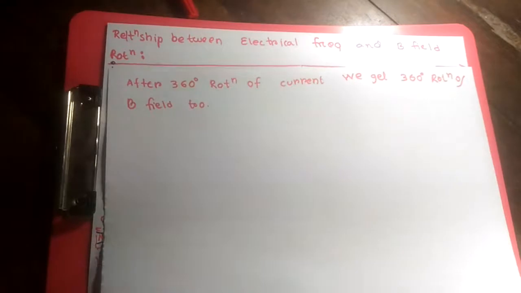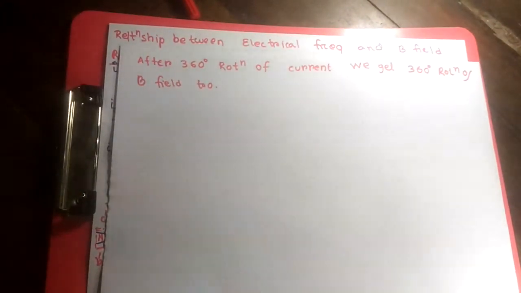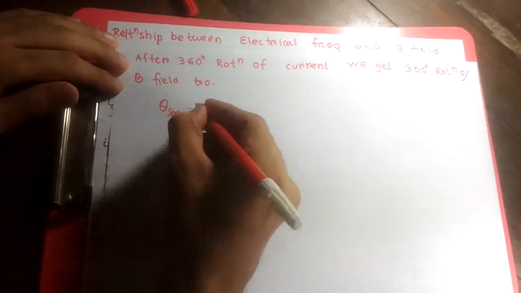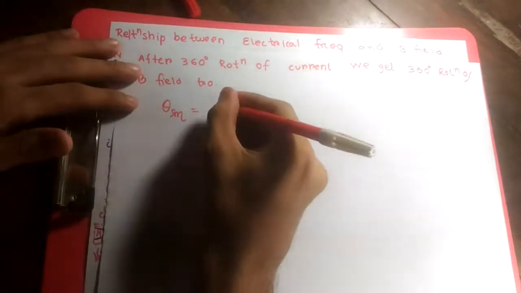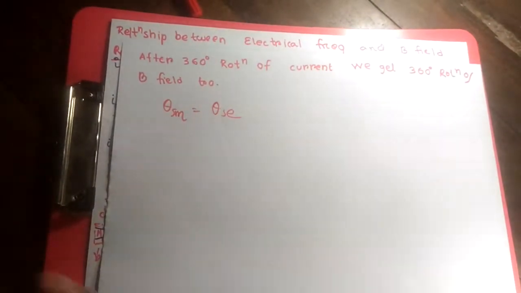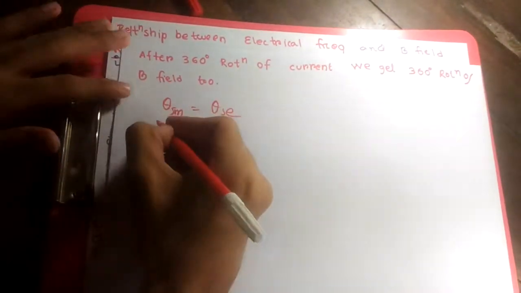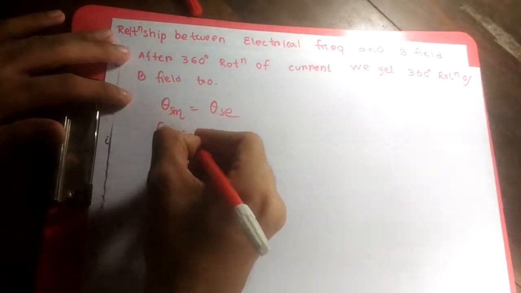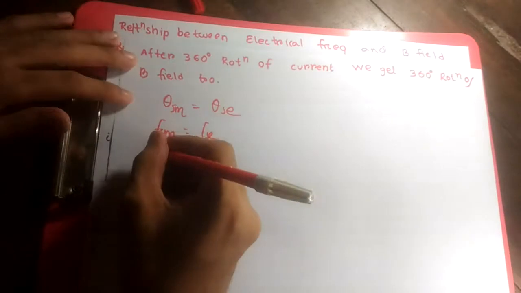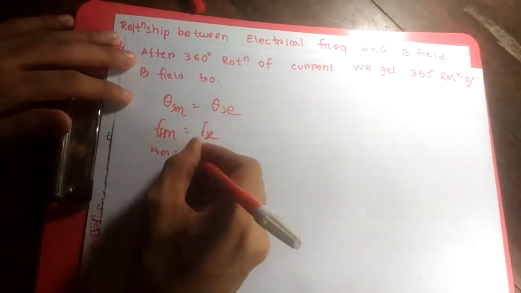So that's what is written here. So what can we conclude? That in some time period the angle covered by the magnetic field is equal to the angle covered by the electrical current, and so that obviously means that their frequency is going to be the same, and also the angular frequency along with the linear frequency.